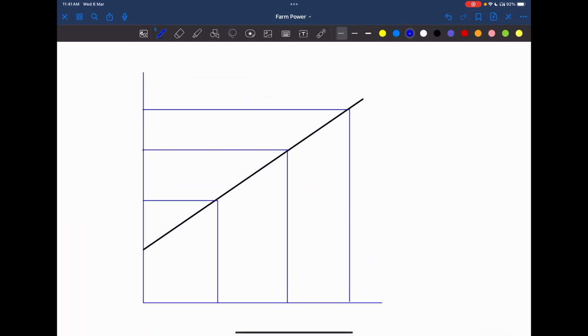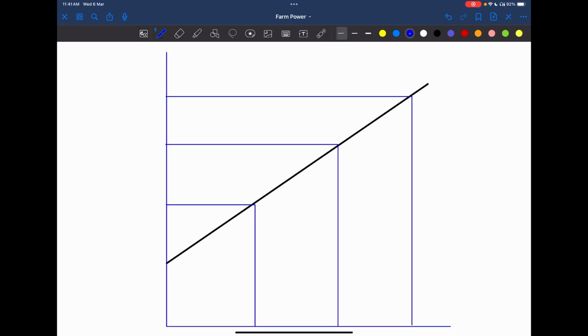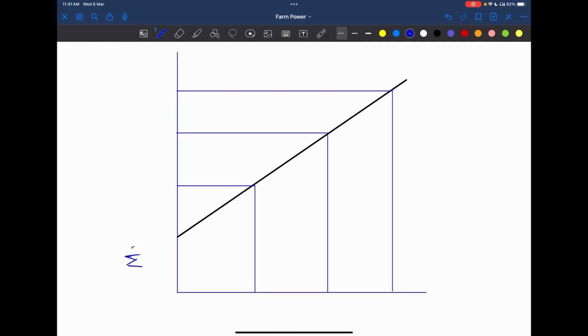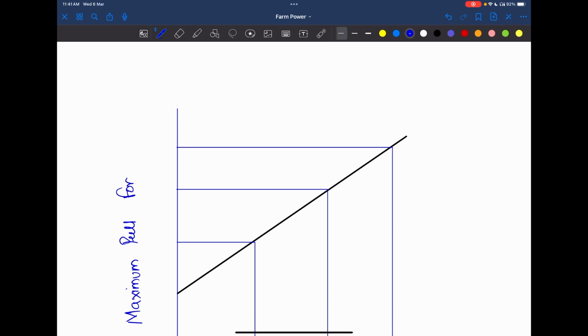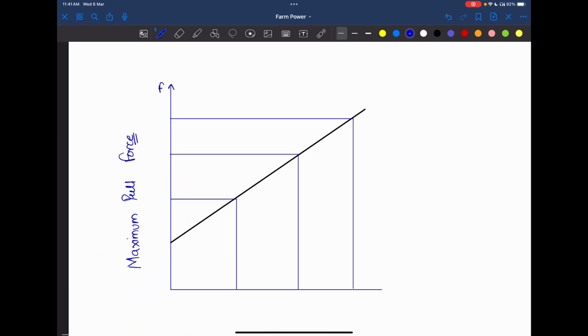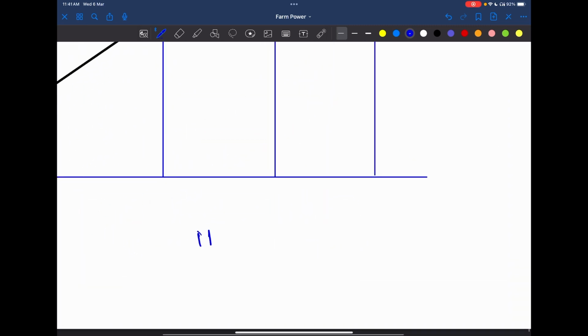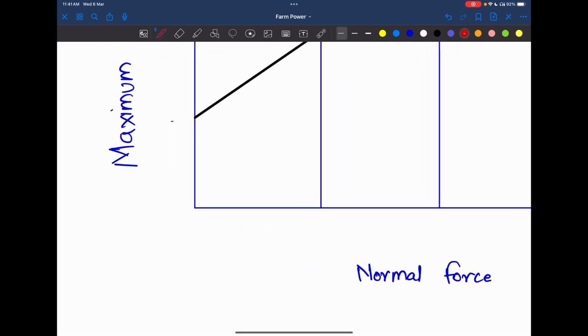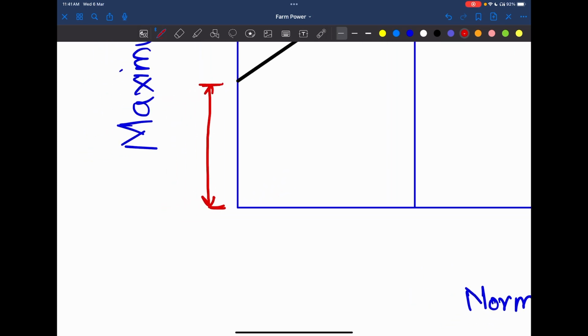These two graphs are among the most important graphs. This axis is nothing but the maximum pull force, that is F. And this is the normal force W. This distance is nothing but AC.